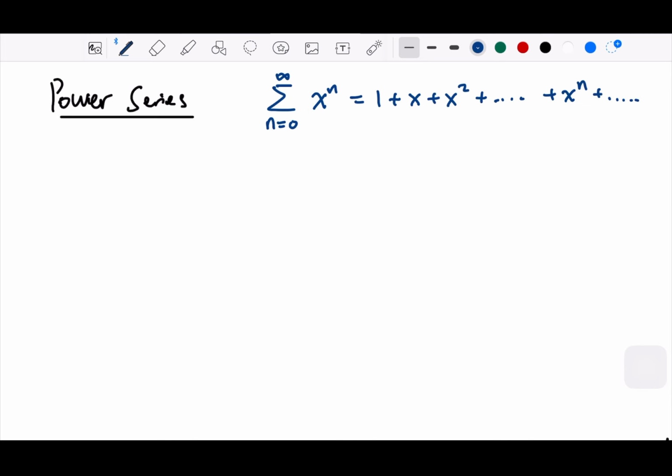And of course, from the geometric series, we know that this will be converged when the absolute value of x is in between these numbers, and diverge if x is greater or equal 1.